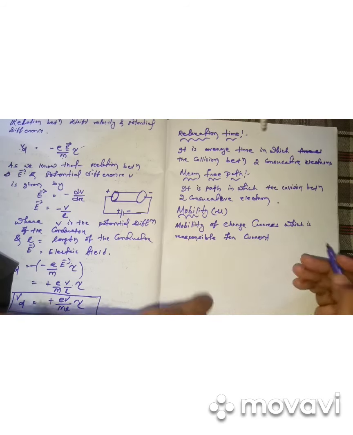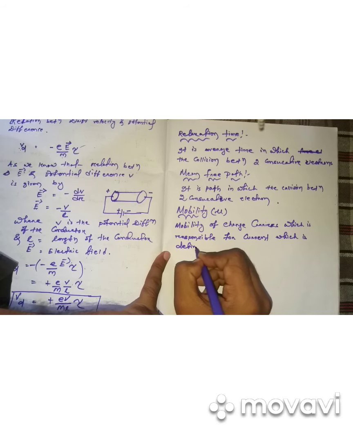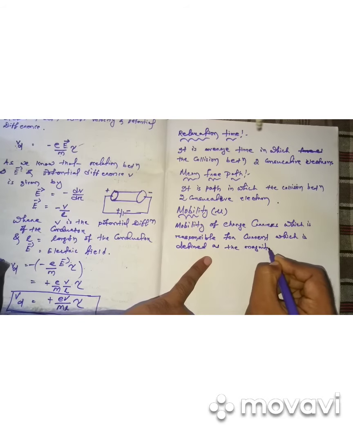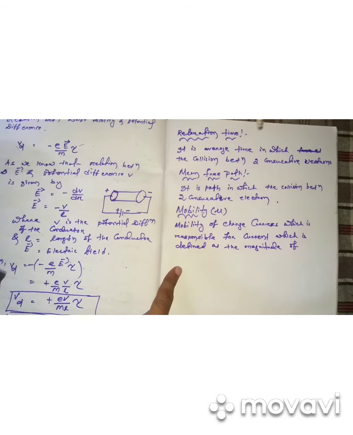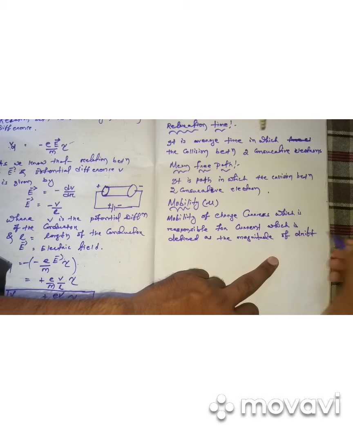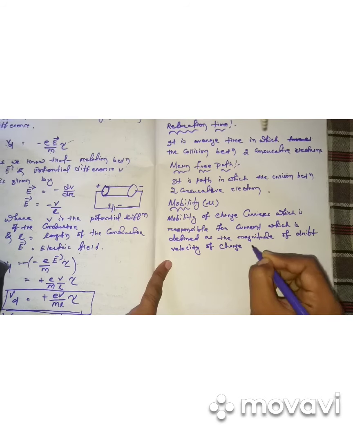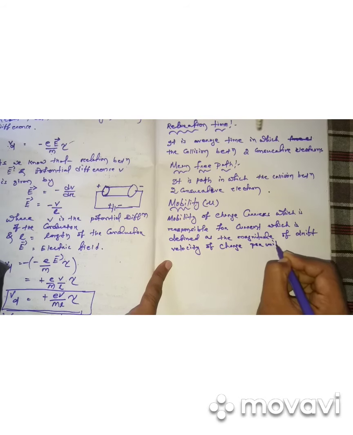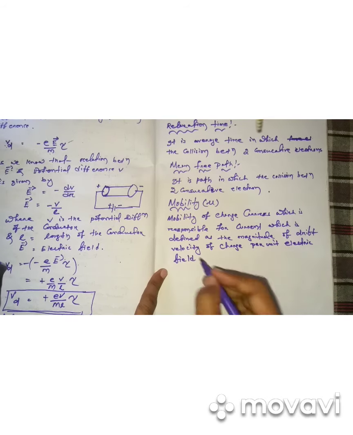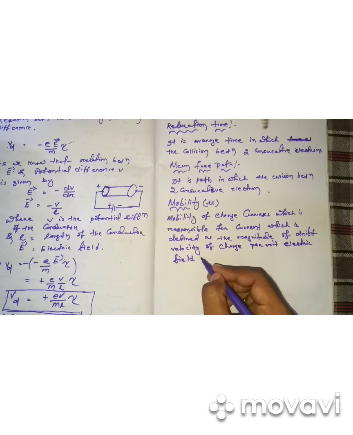Mobility of charge carrier is required, which is defined as the magnitude of drift velocity of charge per unit electric field applied.